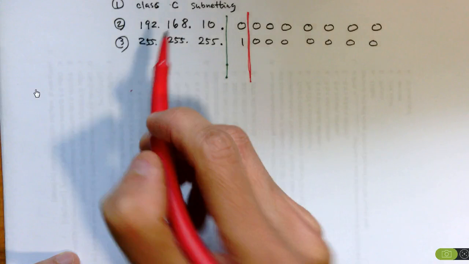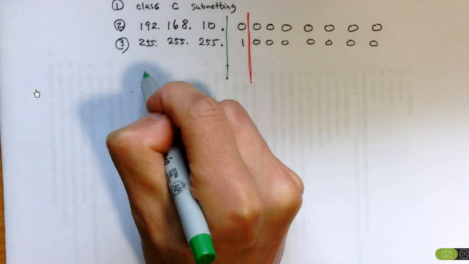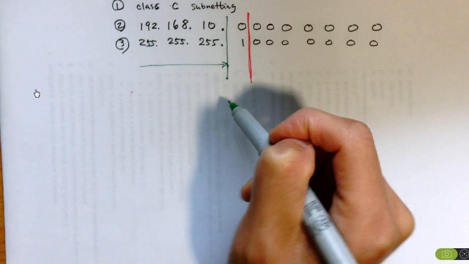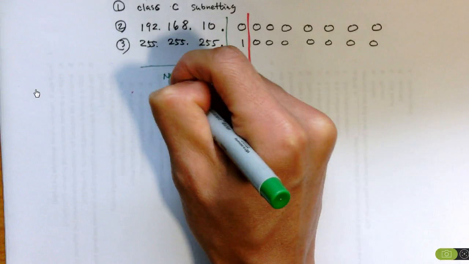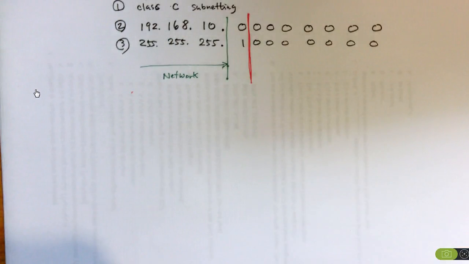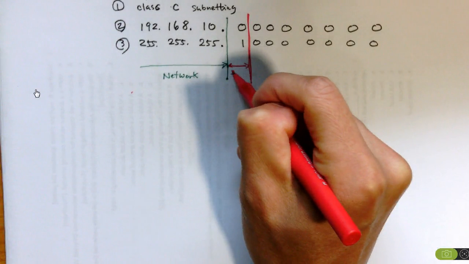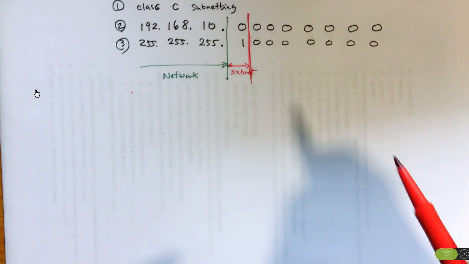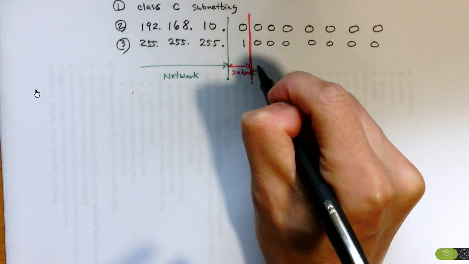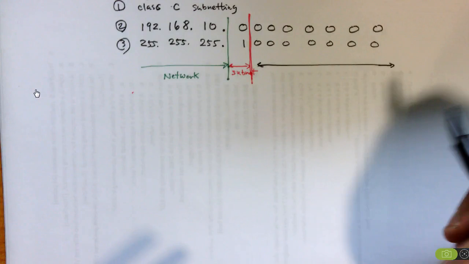This part, for class C, is your network portion, this is your subnet portion, and the rest of them is your host portion.